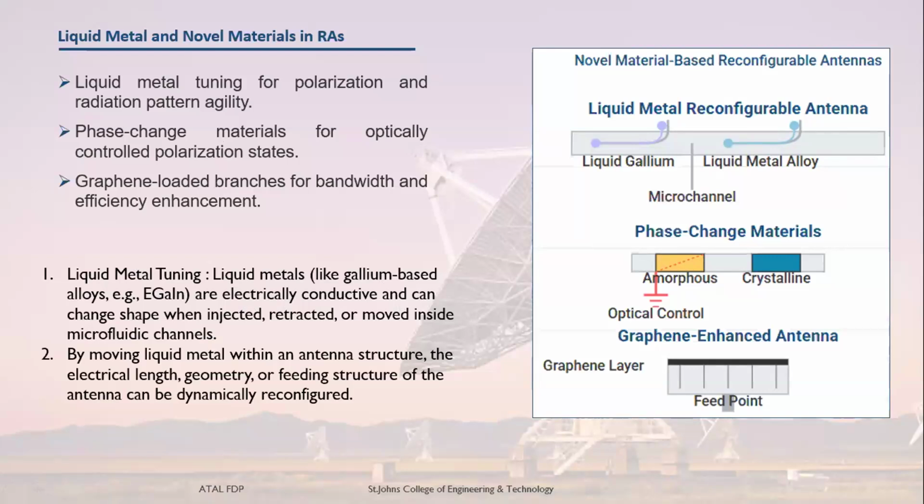So I will inject them into the structure of the antenna so that the shape or the electrical conductivity can be changed, so that I can change the frequency of operation, the polarization, or the pattern. This is a wonderful concept which can be used to change frequency, polarization or pattern.